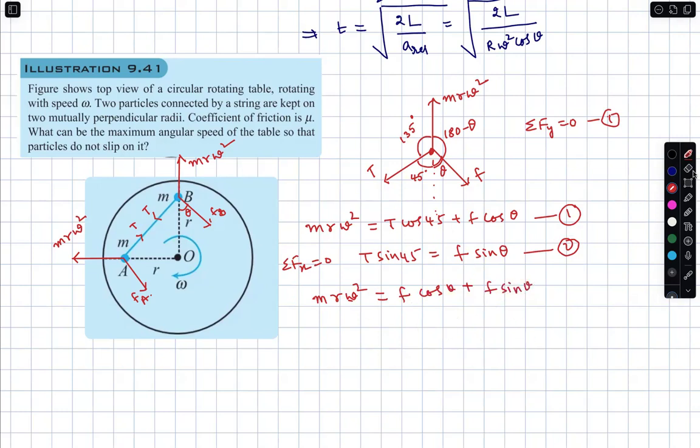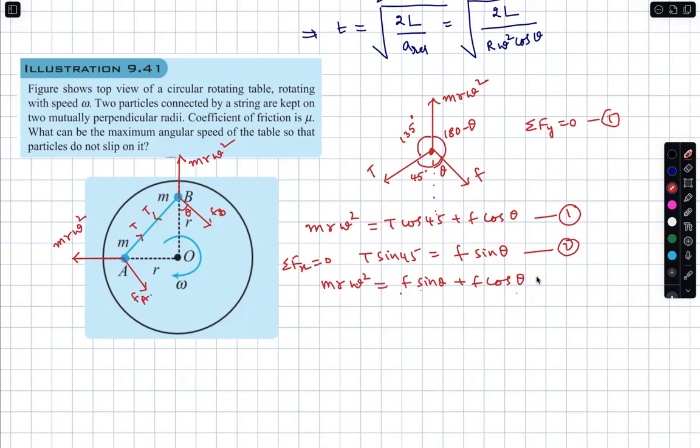Give me time, because the moment you take a printout of this, it should be crystal clear, and I should get good feedback. Okay, m r omega square is f sin theta plus f cos theta.